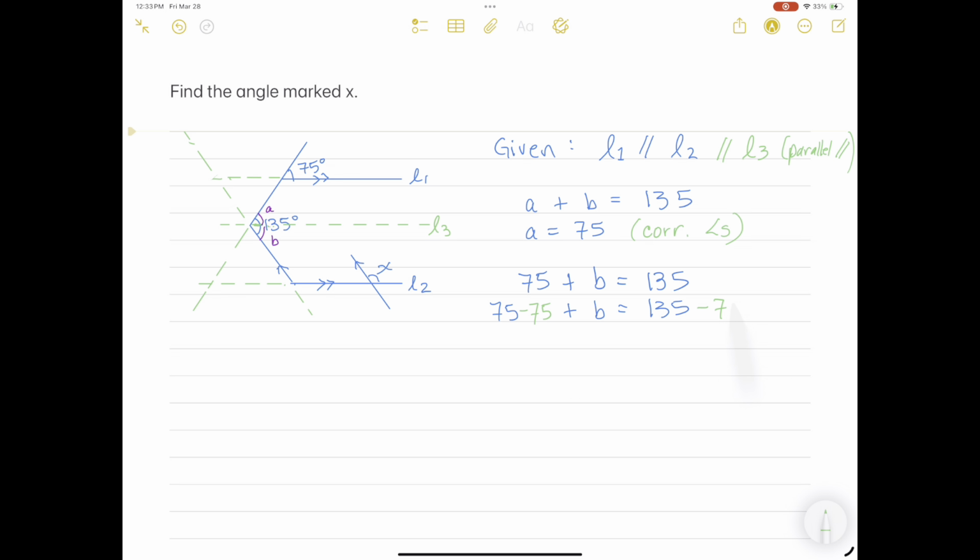On the left-hand side of the equation, 75 minus 75 cancel, leaving B by itself. On the right-hand side of the equation, 135 minus 75, I do that calculation on the side, leaving me with B equals 60. So I go back to my figure and label angle B equals 60.